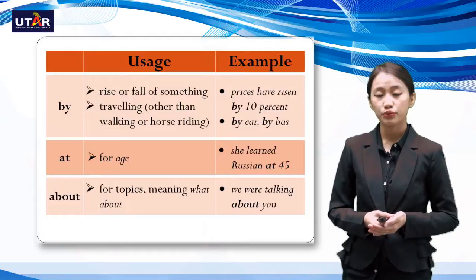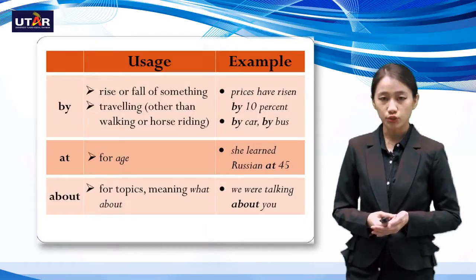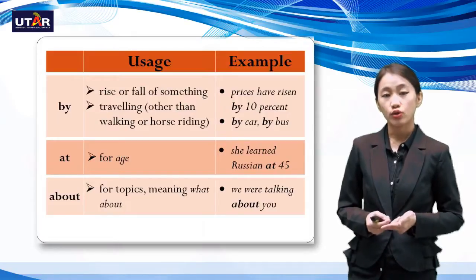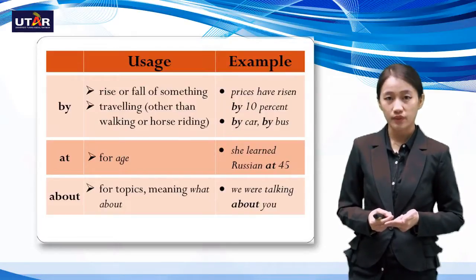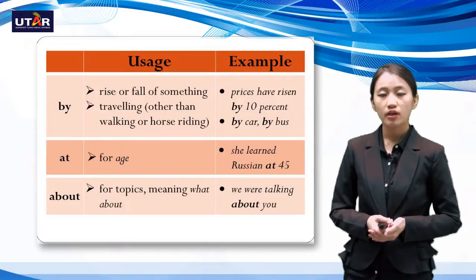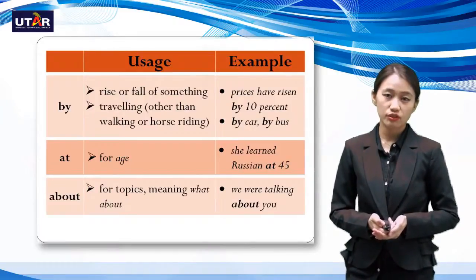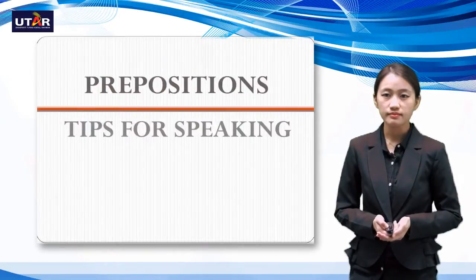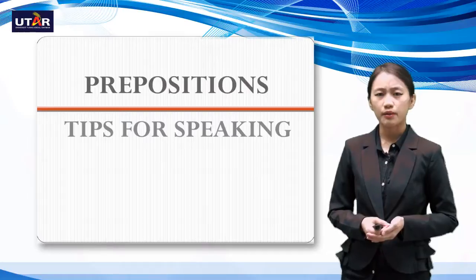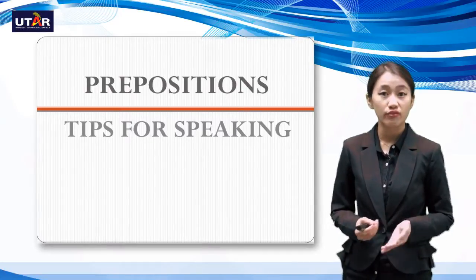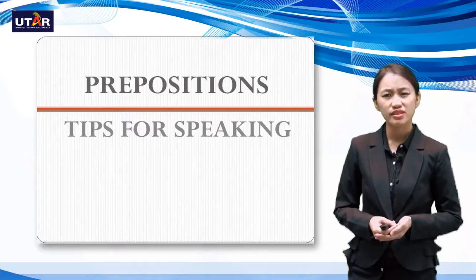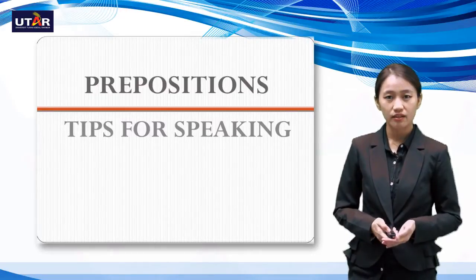So those were the three prepositions, the usage for time, place, and also other important prepositions. Now we will look at prepositions in terms of tips for speaking. So please bear in mind that even advanced learners of English find prepositions difficult to use in speaking.